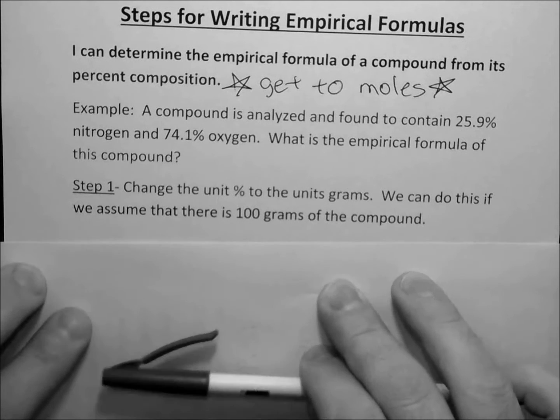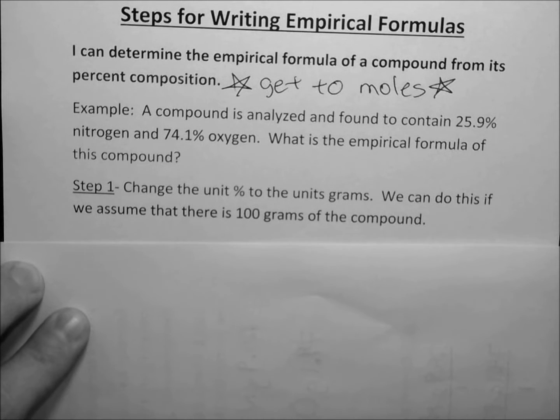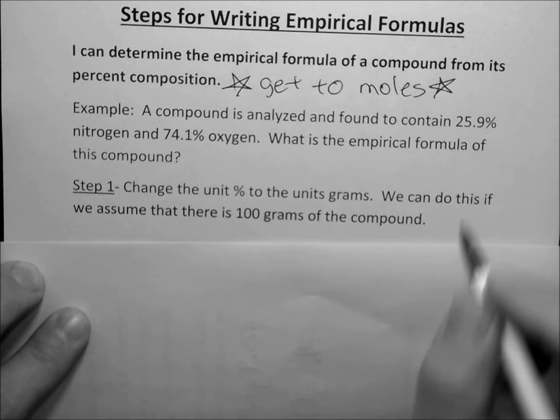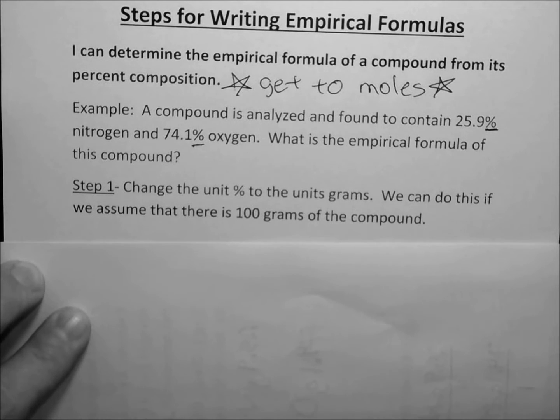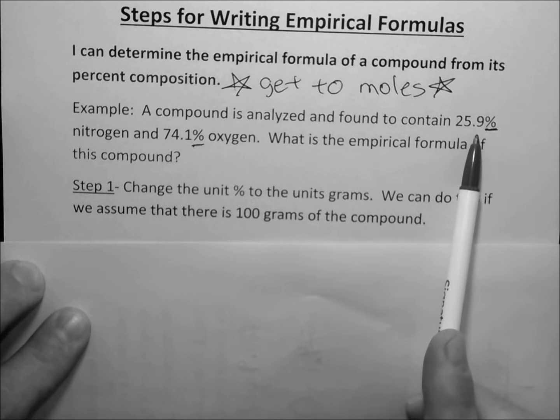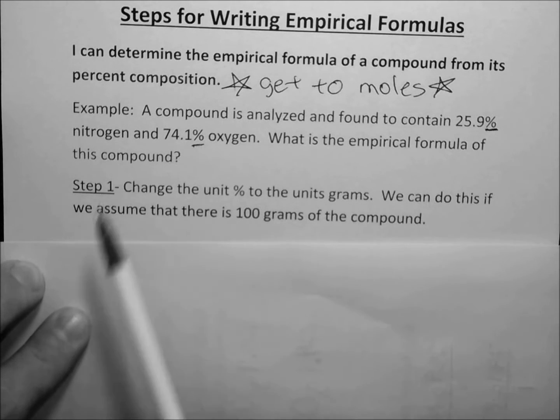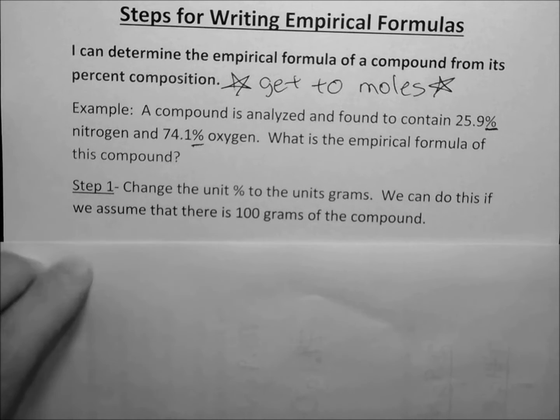So step one, don't even think about it. I want you to just change where it says percent right here and right here. I want you to change that to grams. Just go ahead and do that. And the reason why you can do this is you're assuming that there's 100 grams of the compound. And so think about it this way. If there's 100 grams of that compound in the question, then 25.9 grams of it will be nitrogen, and the other 74.1 grams of it will be oxygen.